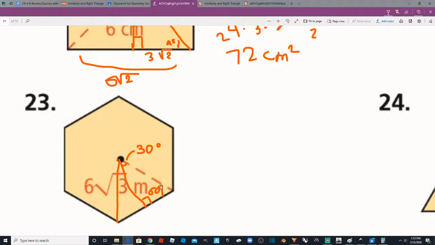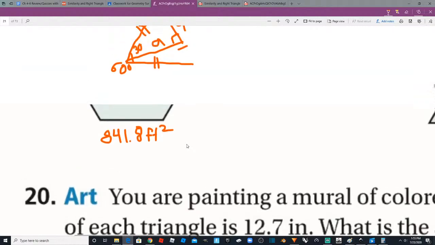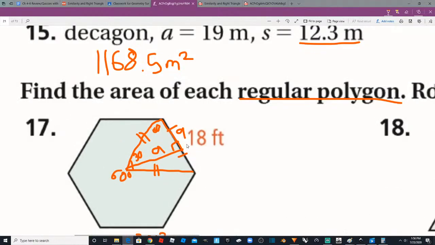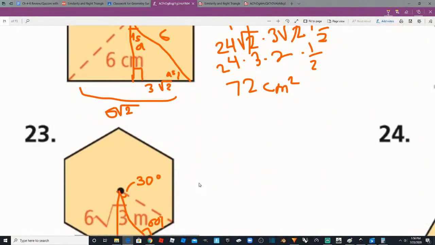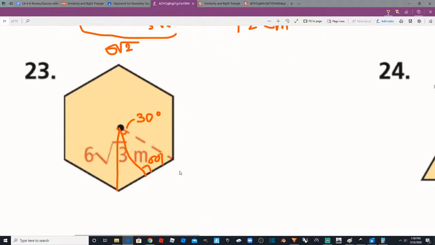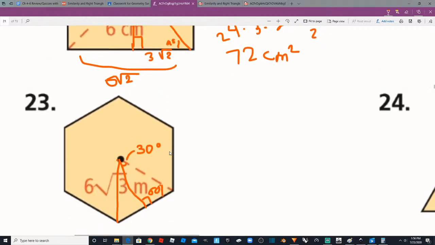Okay, so we can either use knowledge about 30, 60, 90, or we could use trigonometric ratios. For this one, since in this one I believe we had a side length, and this one we have a radius. I think radius is a bit harder. I'm just gonna go with trigonometric, which is pretty long, but we can do it.